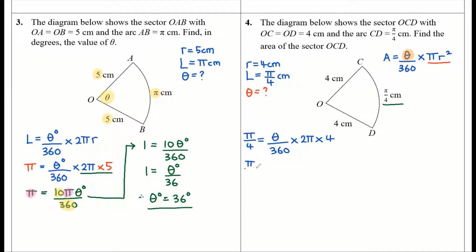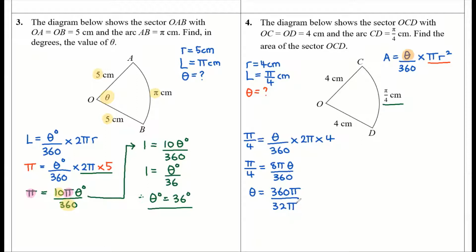So what I'll do, again, I'll write it as a single fraction. So this is going to be 8 pi theta over 360. Okay, if I multiply across and divide, we're going to get theta is equal to 360 pi divided by 8 multiplied by 4, 32 pi, like that.